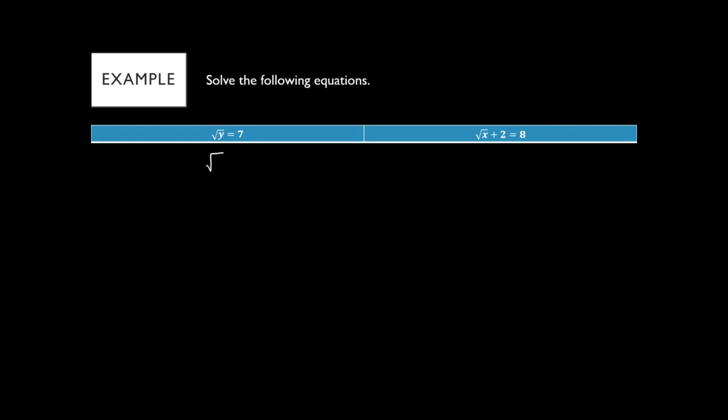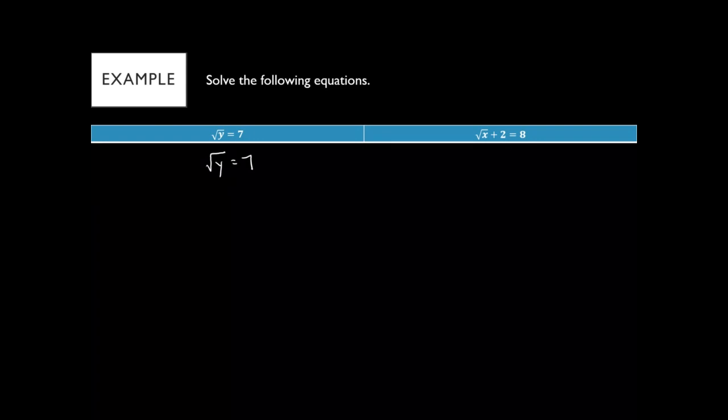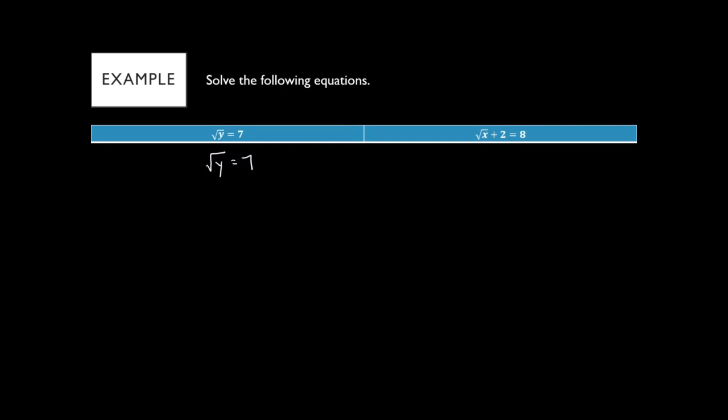So on the left here, we have the square root of y equals 7. And we already have that square root by itself. So that's already isolated. So what we need to do is square both sides. So we need to cancel out the square root by squaring both sides.